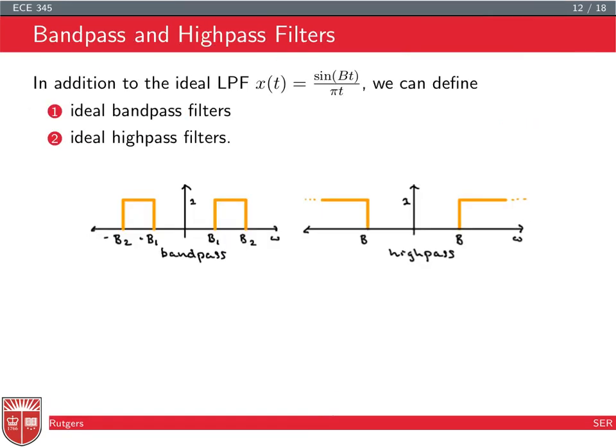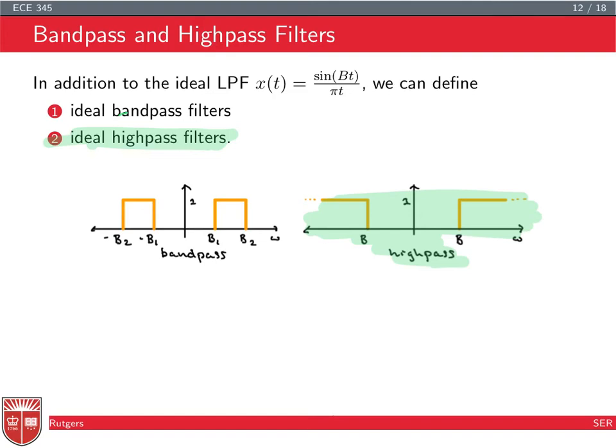So you saw a low pass filter. We can also talk about a high pass filter. Let's say this one. The high pass filter lets frequencies greater than B go through. You may ask, what is B?